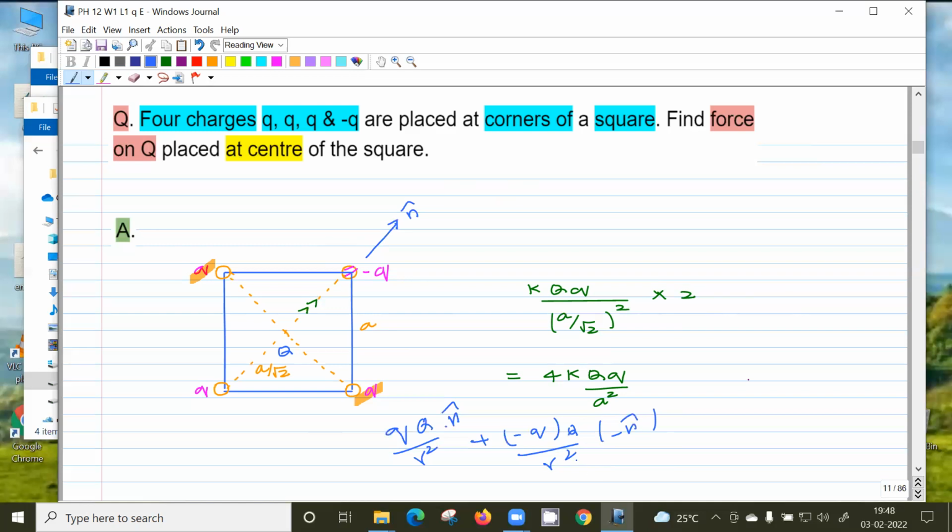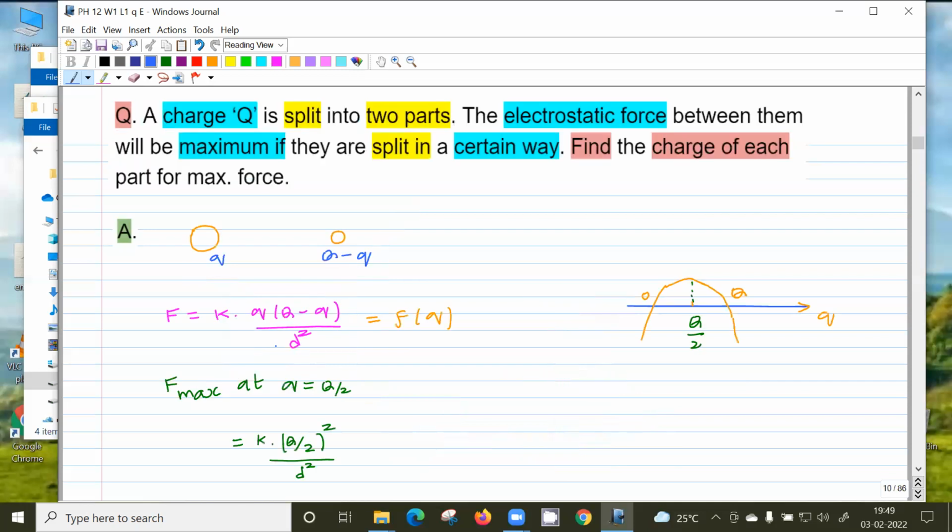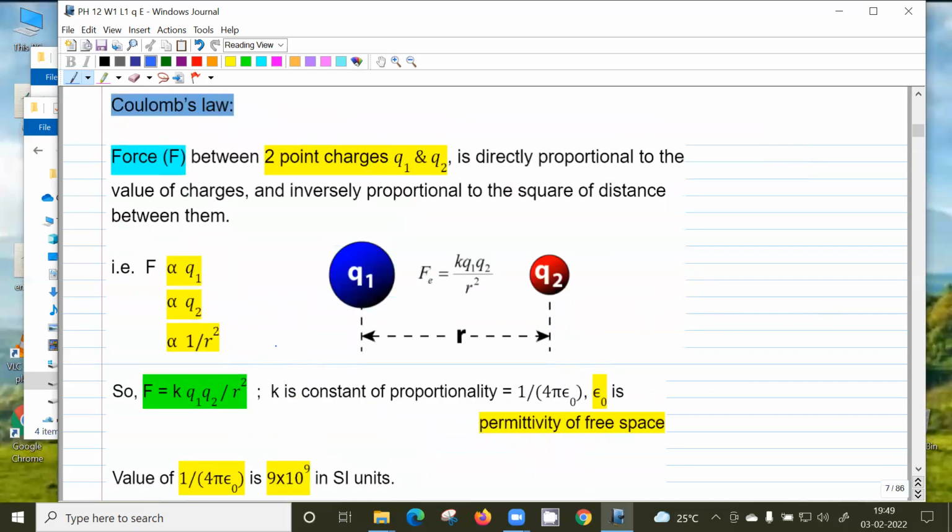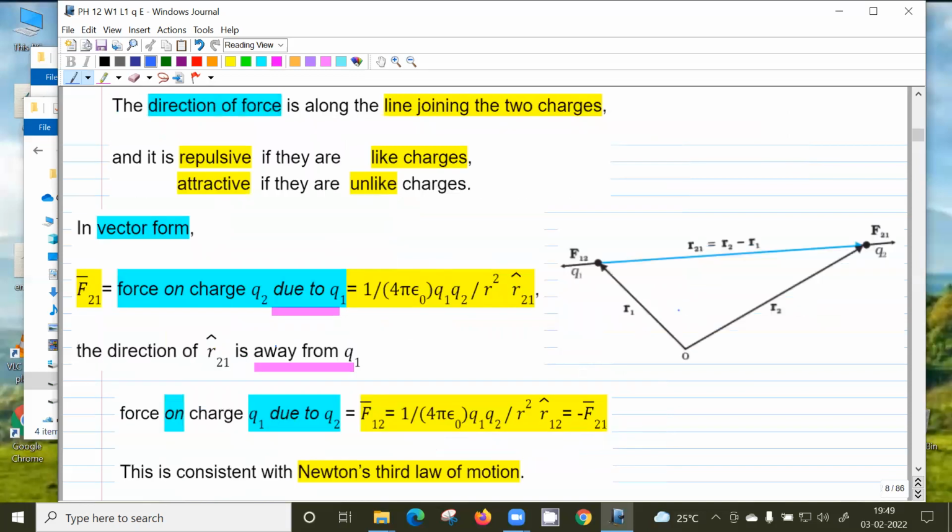Why minus n cap, sir? See, when you want to find force on this one due to this one, I have to place one of the charges at the origin.